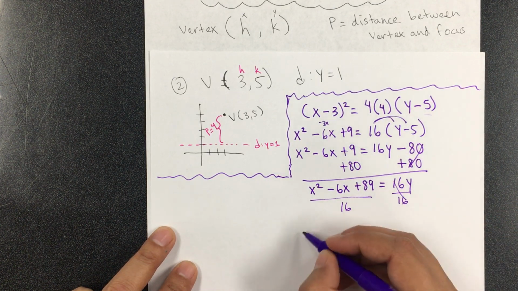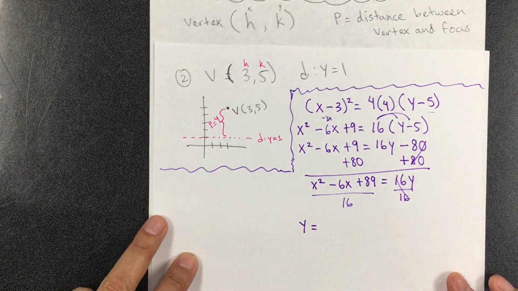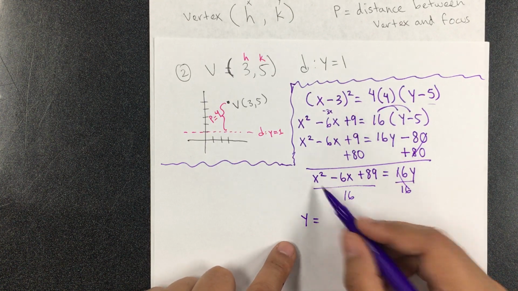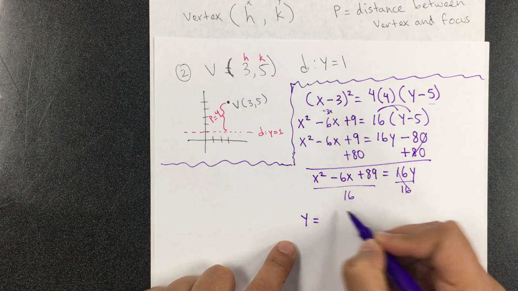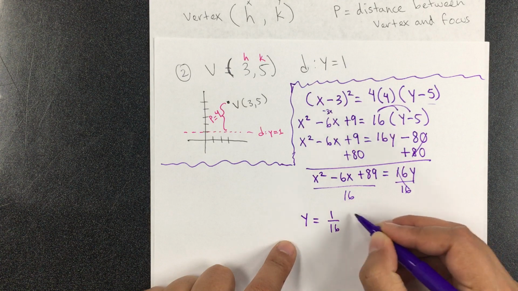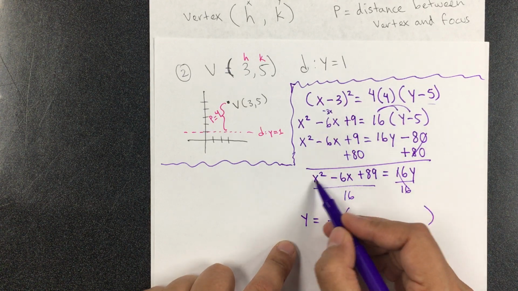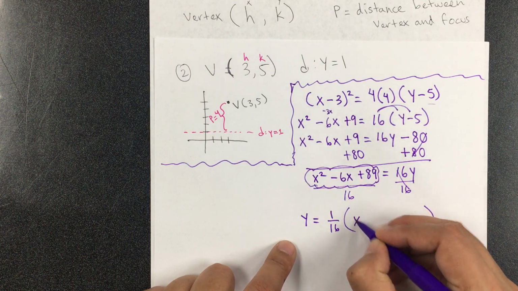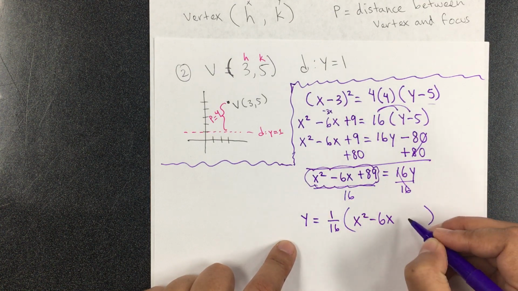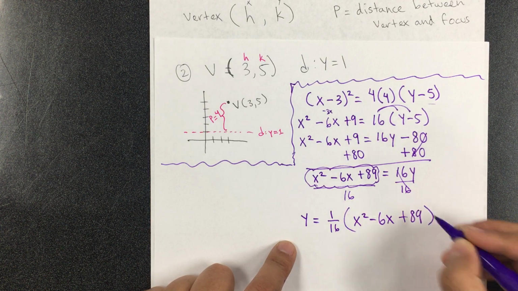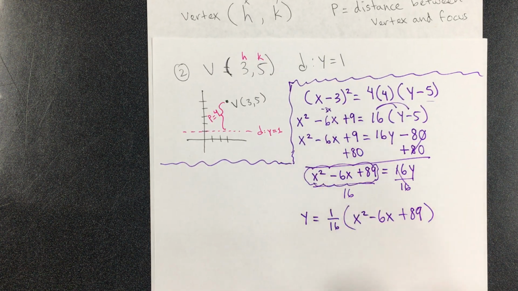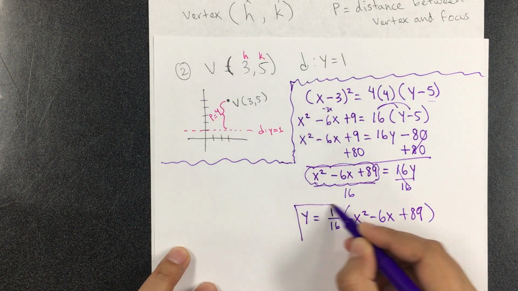And so remember this y, we're just going to put it in here because that's the way it's traditionally written. In here, divided by 16 is the same as multiplying by 1/16, and you just bring this the same way it is right now. Okay, so x squared minus 6x plus 89. So basically, you can go farther by dividing each one and simplifying, or you can just leave it at this.